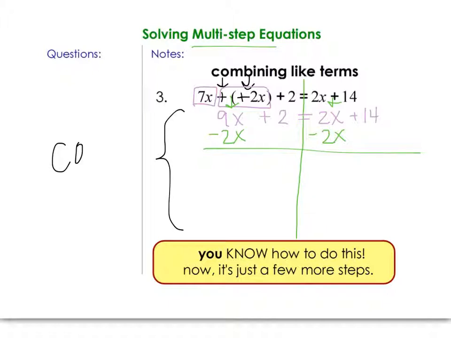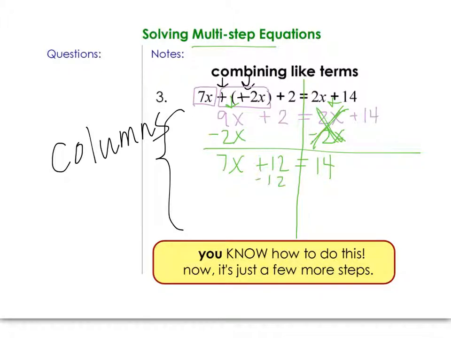I'm using columns, and I'm putting my variables in the column with their like terms. 9x minus 2x gives me 7x plus 12 equals, those 2x and negative 2x cancel, 14.